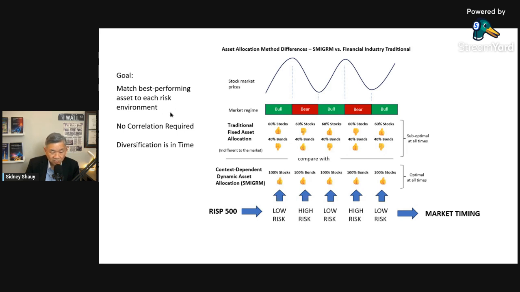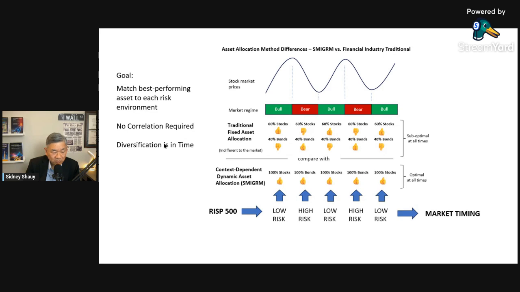All right. So we know that stocks perform great in bull markets, and stocks perform poorly in bear markets. That's by definition. So in that case, we're not going to hold stocks in a bear market. That's the idea, roughly speaking. And there's no correlation required.